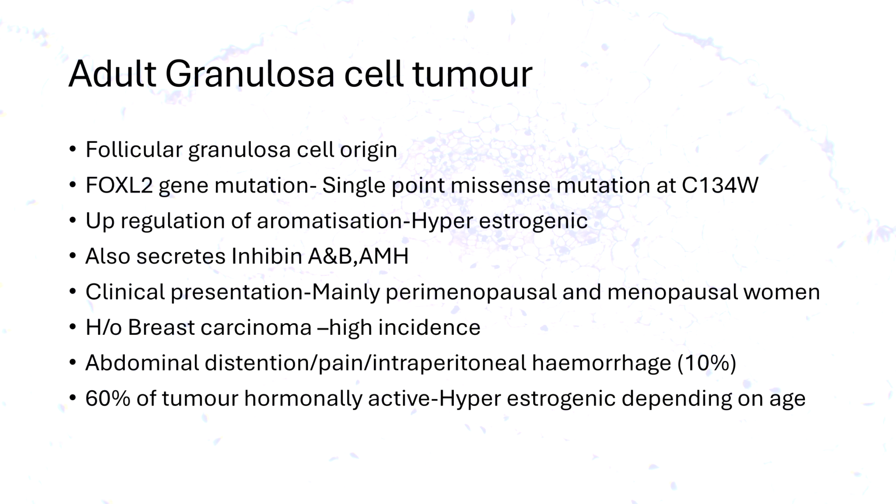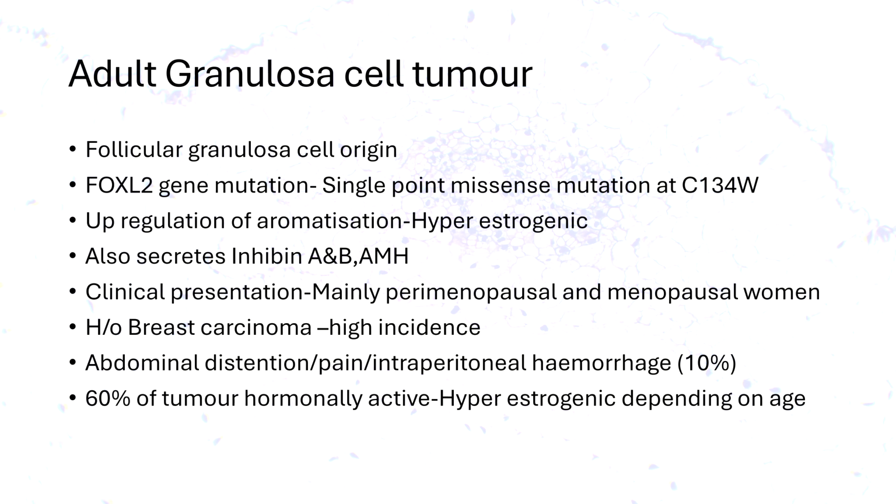FSH helps in aromatization of androstenedione and testosterone into estrogen. Estrogen, in turn, has a negative feedback on the hypothalamus and hence on the FSH also, and that is how the secretion of estrogen is regulated.